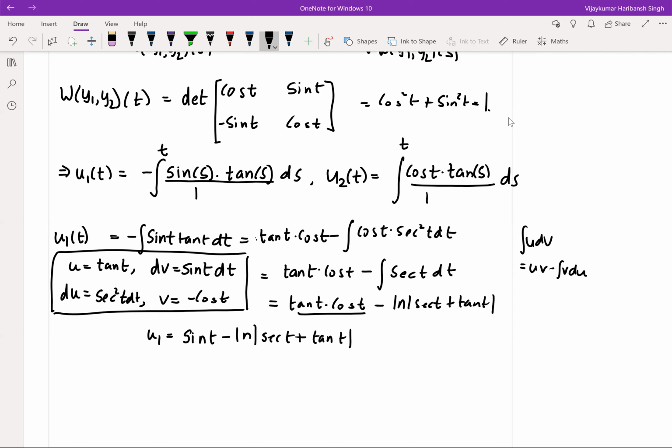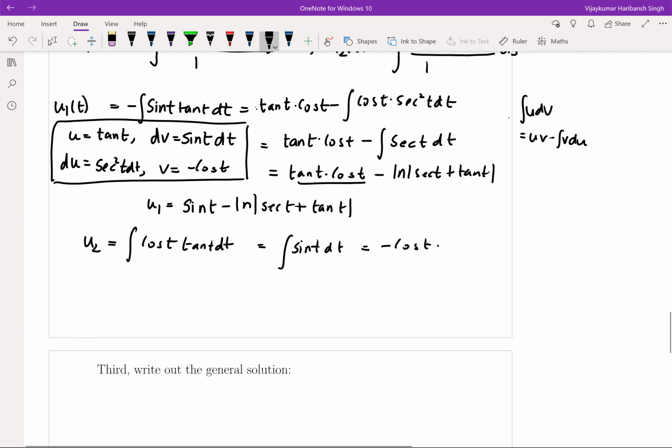Now, similarly, what is your u2? Your u2 is the integral of cos t tan t dt. Cos times sine over cos is going to be sine t dt, which is going to be minus cos t.